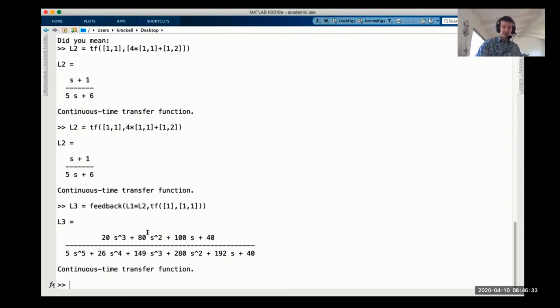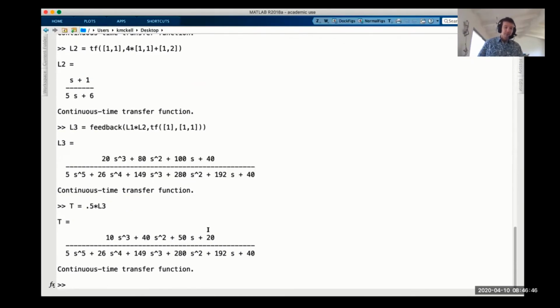Now 5 poles and 3 zeros, right? This is a pretty complicated beast. The overall transfer function, don't forget that factor of 1/2 out in front of everything, is 1/2 times that. All right, so this is the final block that connects x to y in the example.